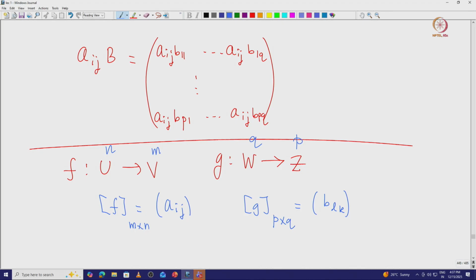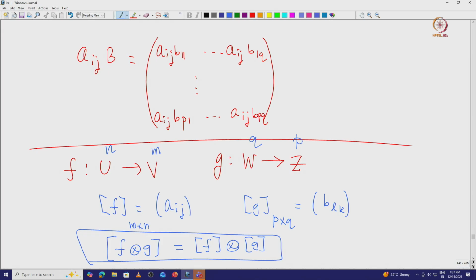Then we want to say that the tensor product map, with respect to the tensor product of the respective bases, is going to be exactly the Kronecker product of the corresponding matrices. So, this is the result that we want to prove. Okay. For that purpose, let us fix some notation. Let us call u1, etcetera, un the basis of U, and v1, etcetera, vm the basis of V.